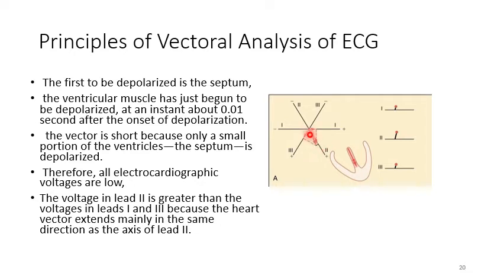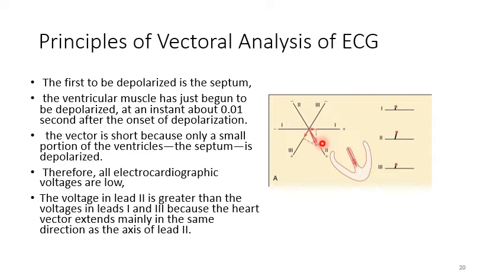They are very close to each other, so it's hard to see the distance between them, but you can clearly see that the projected vector on lead 2 is very long, and it's almost equal to the length of the instantaneous cardiac vector. So it's going to be positive also, because it's moving along with the cardiac axis, not away from it.